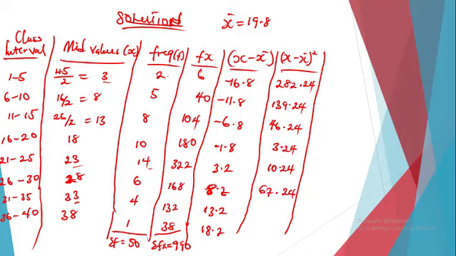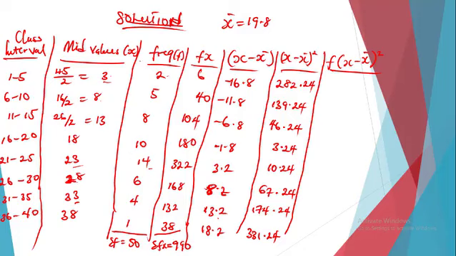Okay, we have 13.2 squared, and that will give us 174.24. And then we have lastly 18.2 squared, and that will give us 331.24.